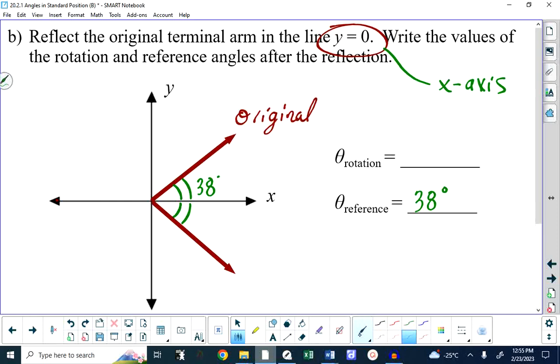The question now is, for the new terminal arm, what is the rotation angle? And this is a yesterday question. It's going to be 360 minus 38, which I think is 328. No, 322. 322.